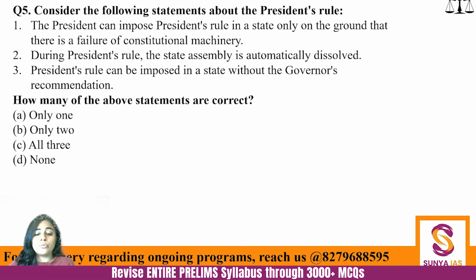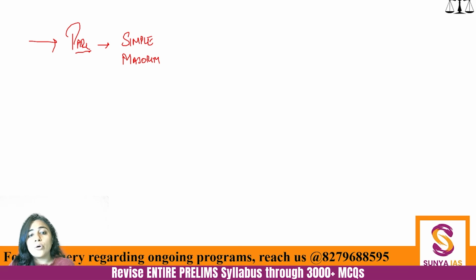Once you've written that, also write how the president's rule is supposed to be approved. Let's say the president has just proclaimed the president's rule. Now, it will go to the parliament. The parliament has to approve it by a simple majority, within 2 months of the proclamation.